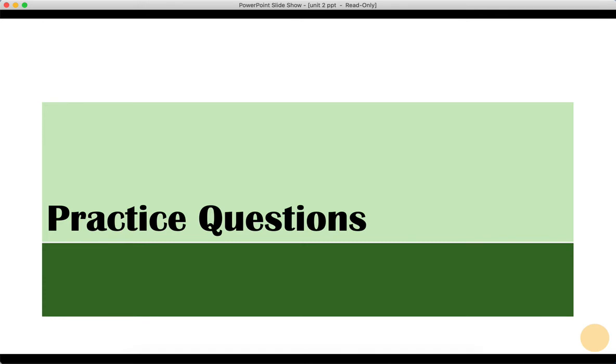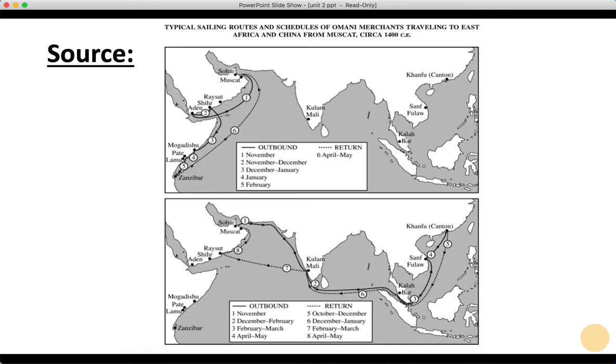Let's do a few practice questions to finish up our day. So, source-based question. Sources can include maps as well. So take a moment to pause the video and look closely at this map. You might need to return back to it.